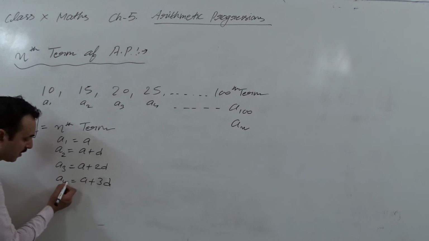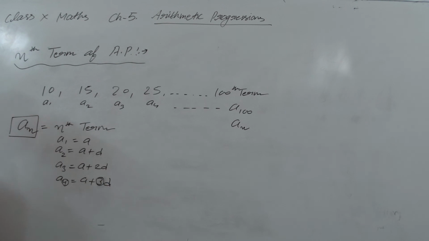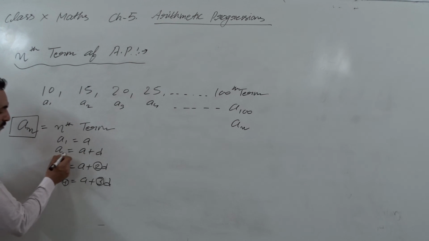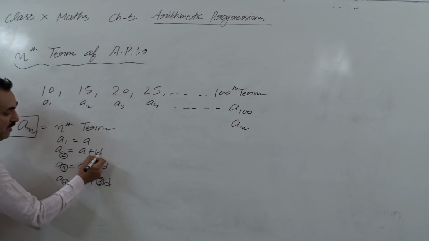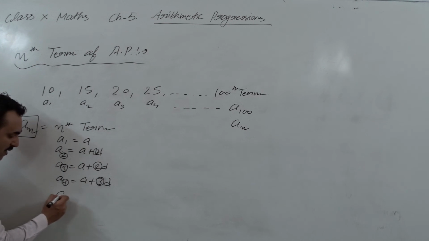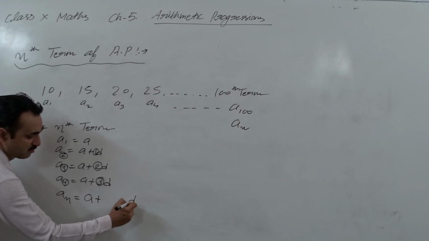Now see here, if you are finding A4, you write 3D. If you are finding A3, you write 2D. If you are finding A2, you write 1D. It means 1 less. Suppose you are finding An, then what do you write here? Think about this.